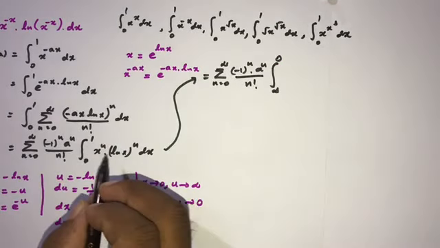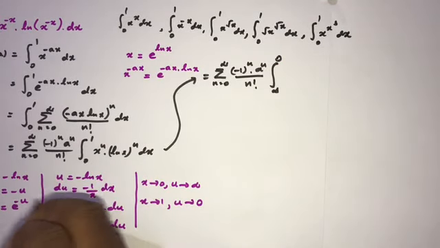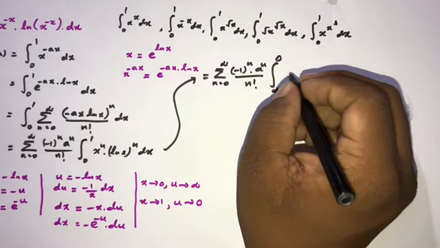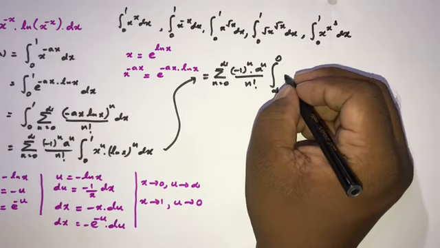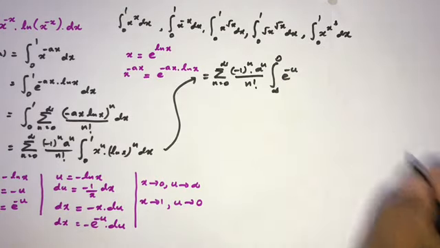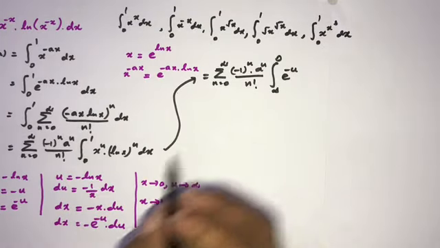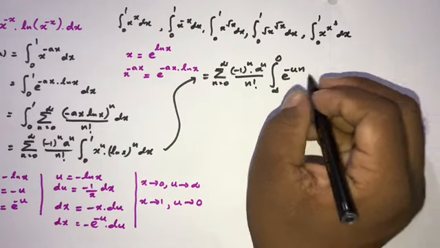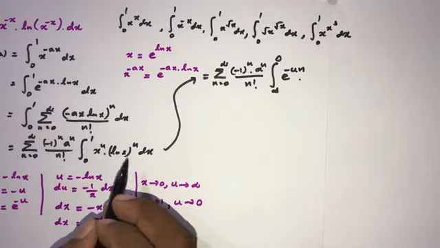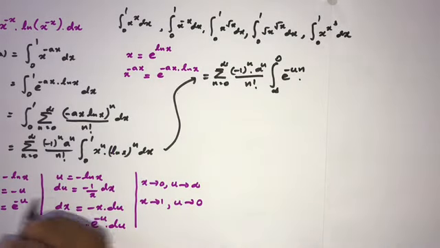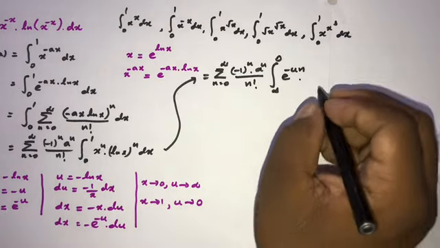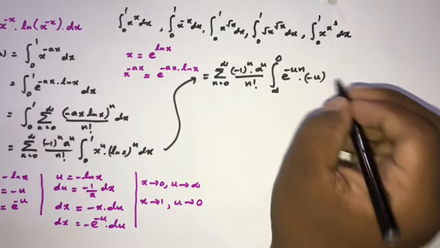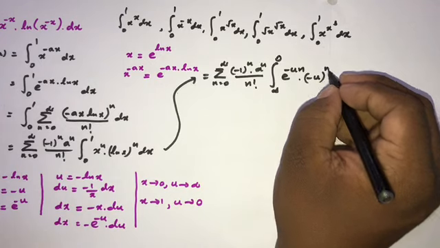Now here x is equal to e to the minus u. So x to the n power becomes e to the minus u, n times. Now natural log of x is minus u, so minus u to the n power.